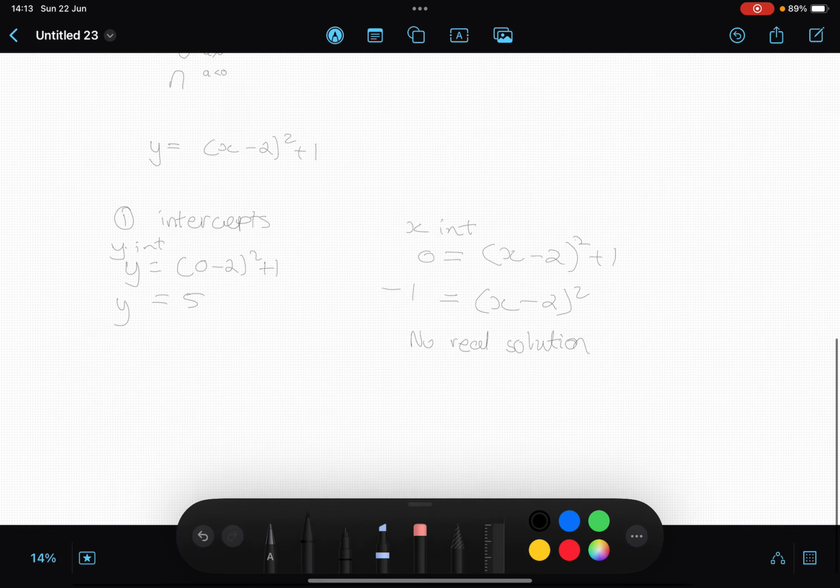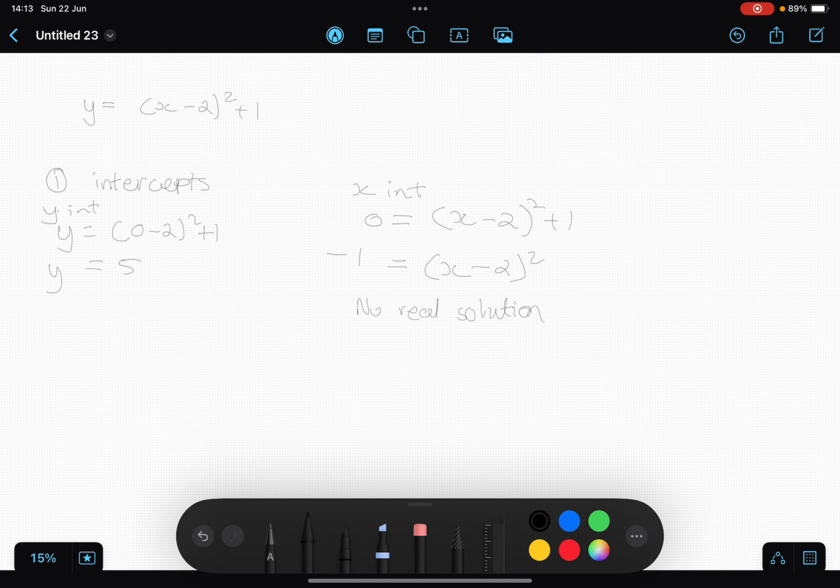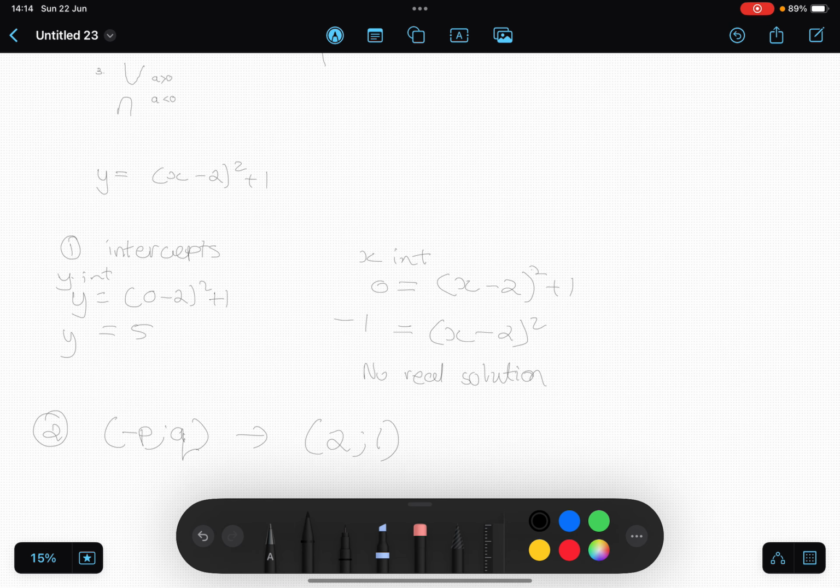We only have a y-intercept, which means we're going to need to find the turning point, which is quite easy as well. The second step will be turning point. We already know we can get it from the equation because it's minus p, q, which means it's going to be minus negative 2, which is 2, and 1.